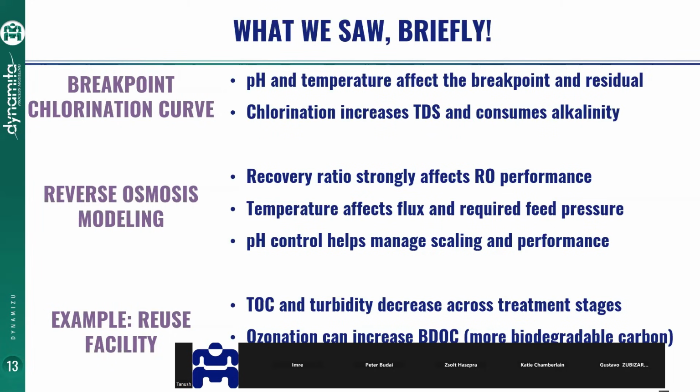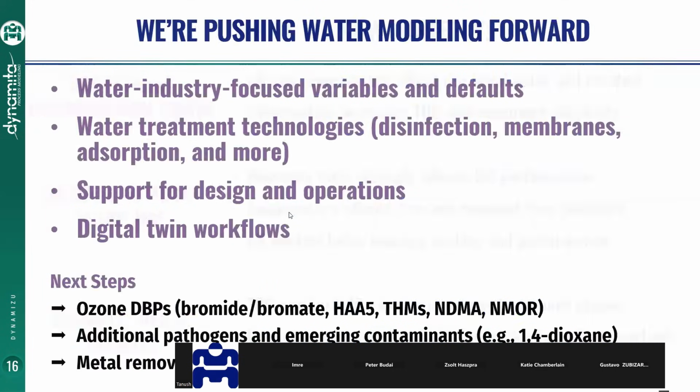Reverse osmosis, we saw the impact of recovery ratio on the RO performance. Temperature affects flux. pH control is important. In the reuse facility, we saw the TOC being removed, turbidity being removed. Ozonation can increase BDOC. The GAC performance is important for low TOC and low turbidity, right? That's what we saw.